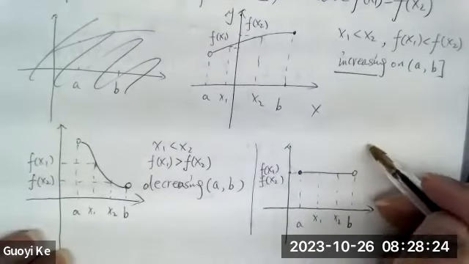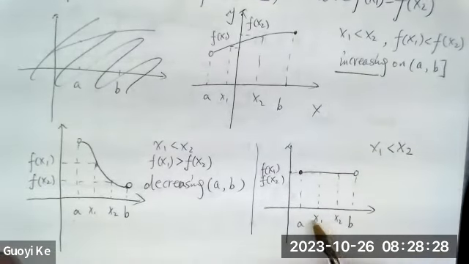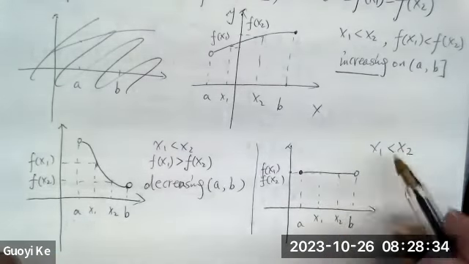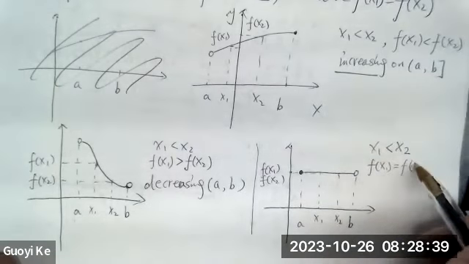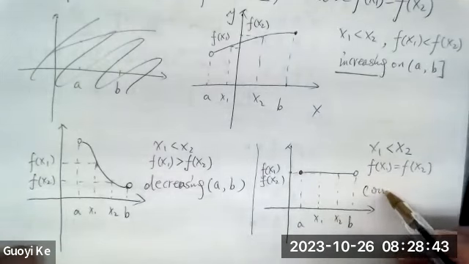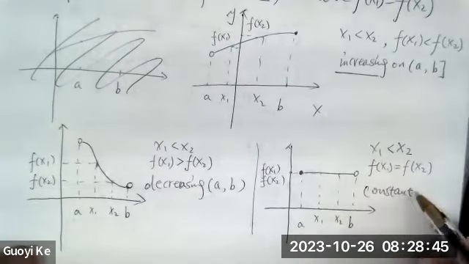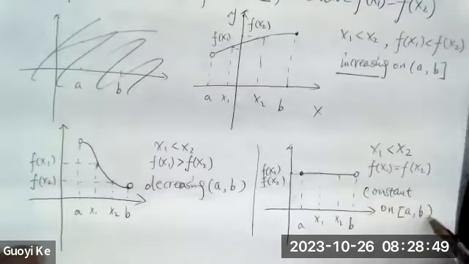So we can see x1 is less than x2, but we have f(x1) equals f(x2), right? So that means it's constant. The function is constant on A and B.